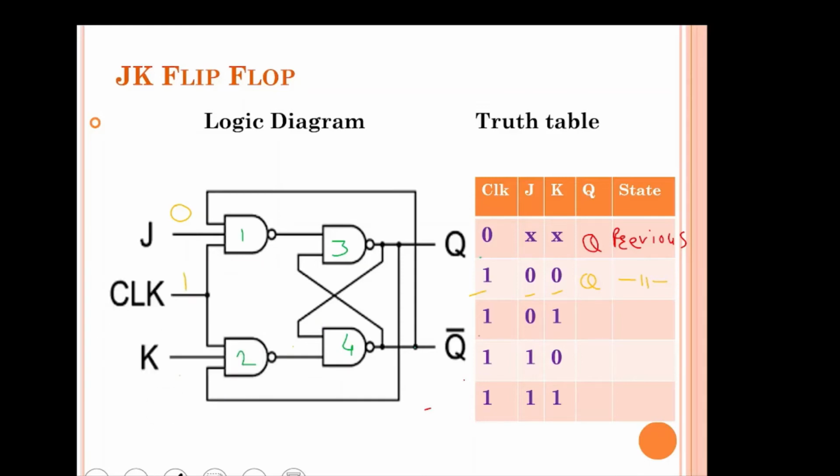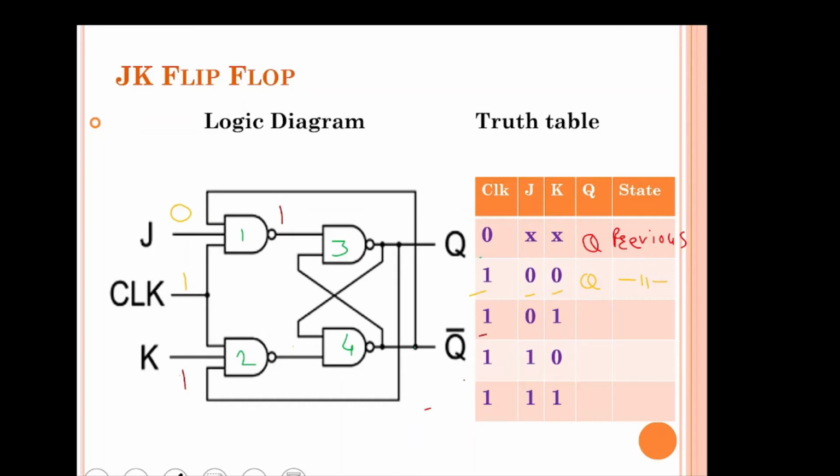Next input combination is that clock is 1, J is 0 and K is 1. Now you can see that one input of the first NAND gate is 0, so the output will be 1. Now what about the second NAND gate? For this, two inputs are already 1. We have to check for the third input, and for that we have to assume some previous state.